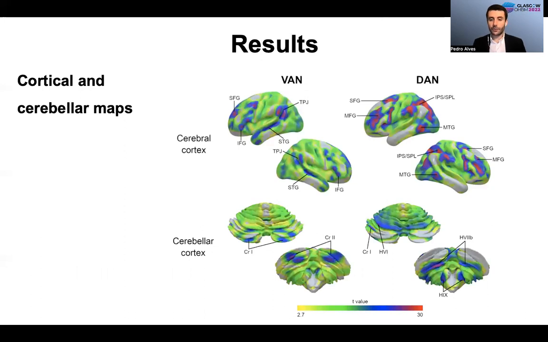Here are the first results of our analysis, namely the cortical and cerebellar surface projections of VAN and DAN maps, in which we can see the typical distribution of these networks along the cortical surface, as well as the different cerebellar projections.